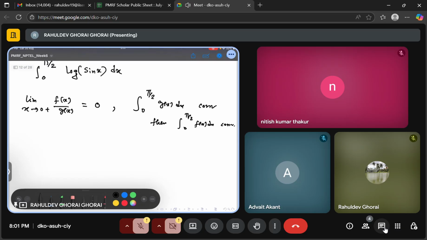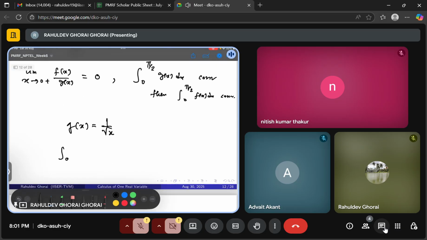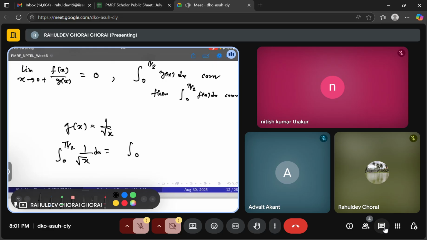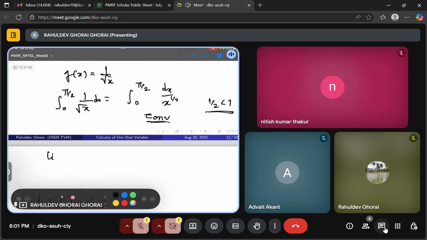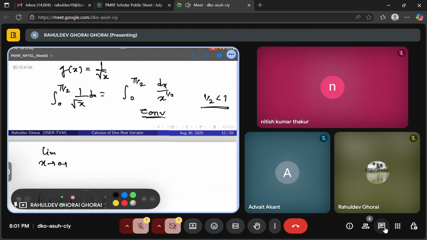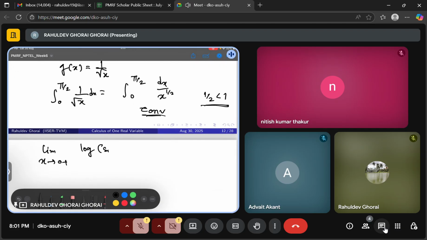And let's not do more here. So g(x), you can take 1 over square root of x, and we know already that the integral from 0 to pi by 2 of 1 over x to the power half dx, mainly to visualize it more precisely, is convergent, because half is less than 1, right? The only other thing to prove is the limit as x tends to 0 plus of f(x) over g(x), that is log of sin x over 1 over square root of x.